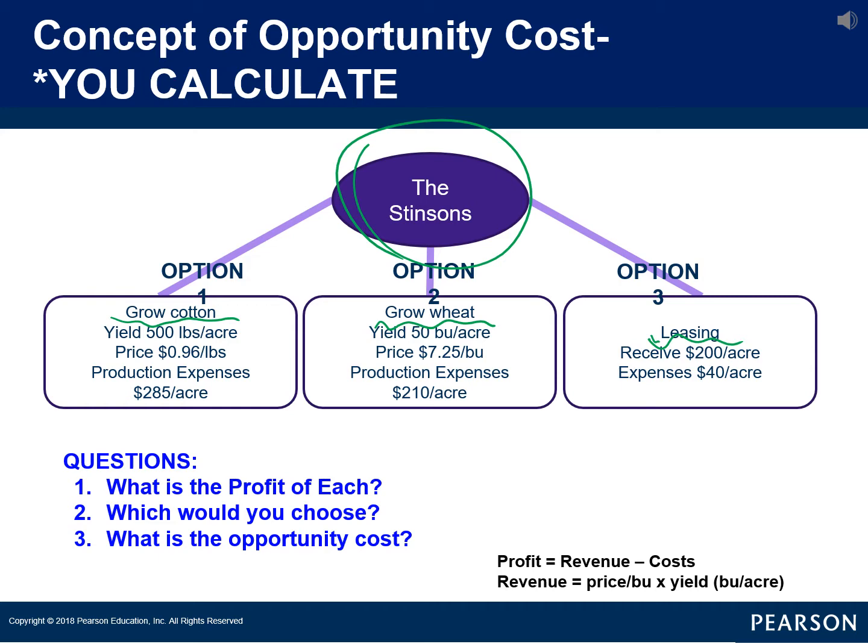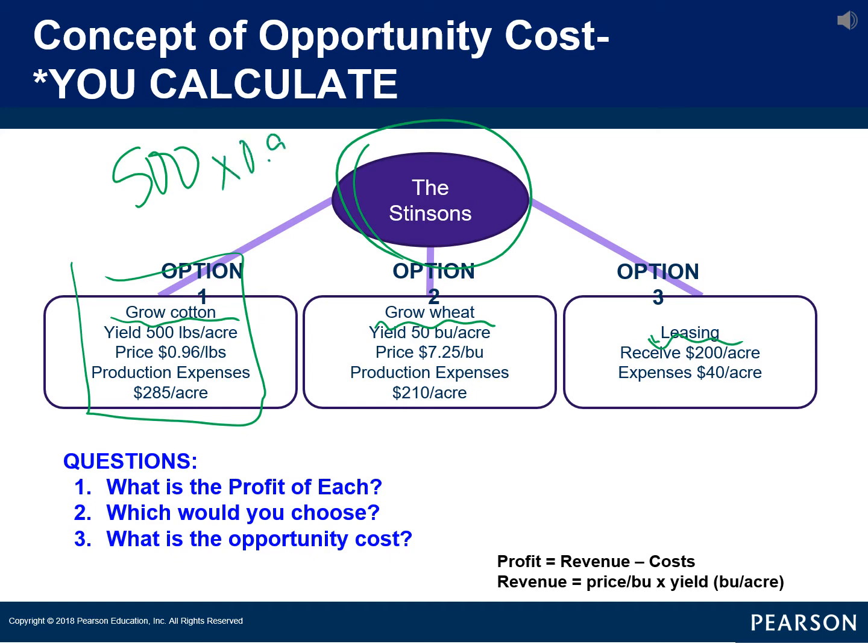So if we are calculating the opportunity cost of this scenario, we first need to figure out the profit of each of these scenarios. So let's calculate the profit for cotton. If we grow cotton, it says we're going to yield 500 pounds per acre, and we are going to get 96 cents per pound.